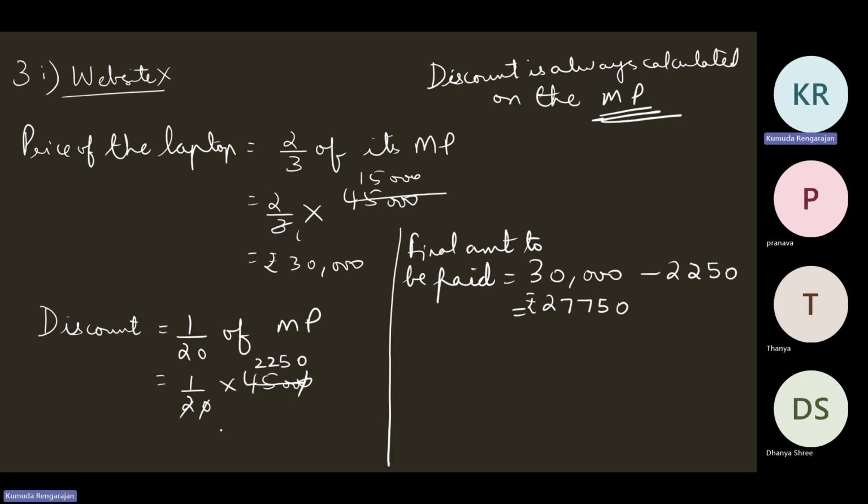This is a further discount. So how much will you actually pay? 30,000 minus, because it's no more 45,000, two-thirds of the price, 30,000 minus the discount of 2,250, 27,750.